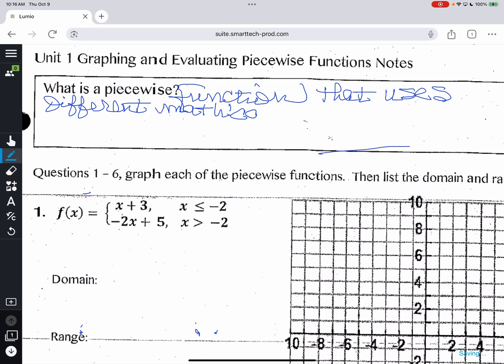There it goes. Output, which is your Y, depending on the input.